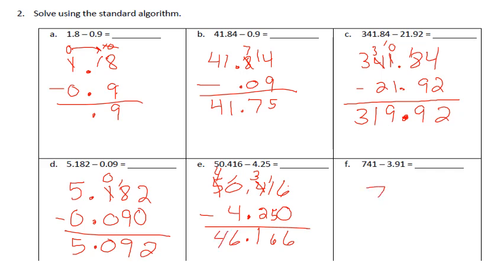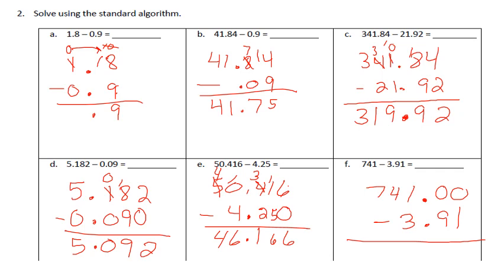F, 741, and we're subtracting 3 and 91 hundredths. Now this is a tricky one because it's a whole number, so the decimal's right at the end there. And we're going to place zeros in there so we have the same. Now I cannot take 1 from 0, so I'm going to go to the next place value.